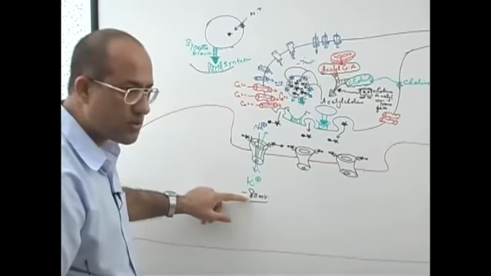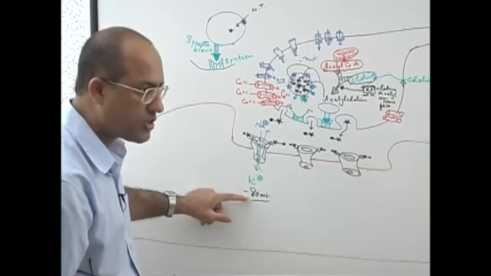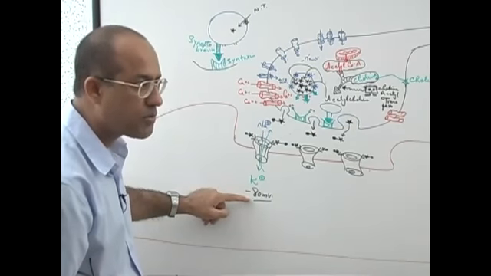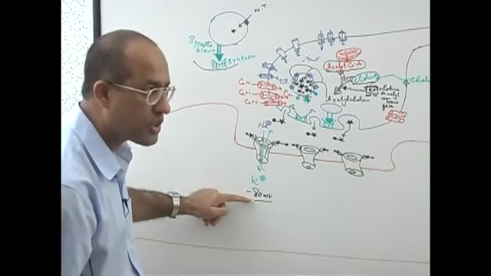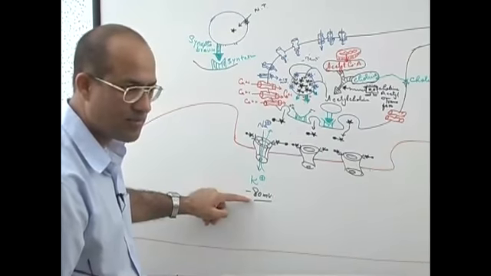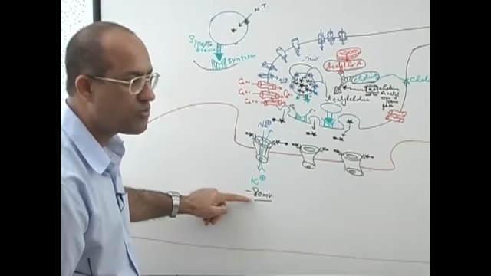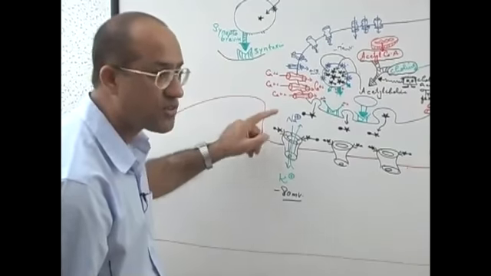The resting membrane potential of the muscle membrane is nearer to the equilibrium potential of potassium or nearer to the equilibrium potential of sodium? Potassium has an equilibrium potential of minus 85 millivolt and sodium has an equilibrium potential of plus 65 millivolt.